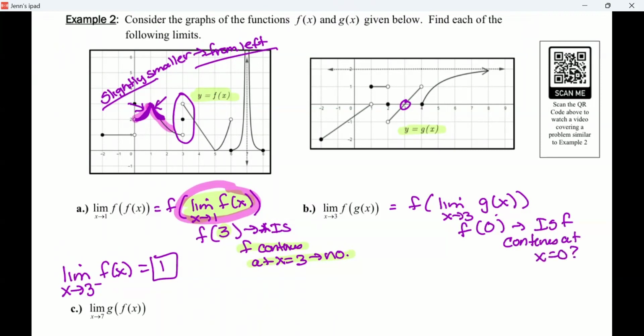If you look at your graph, I'm going to erase some of this so we can read it a little better. Is f continuous at 0? You can clearly see that it's not, because the limit from the left is not equal to the limit from the right. Here's my limit from the left. Here's my limit from the right.